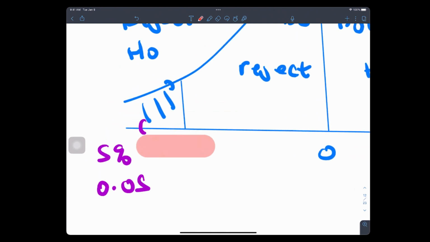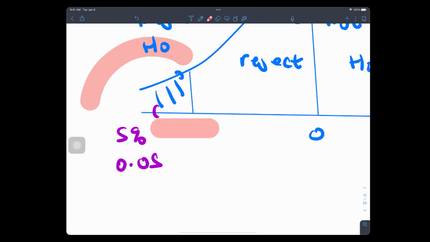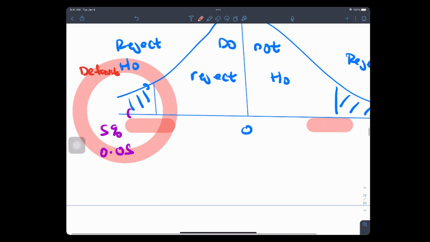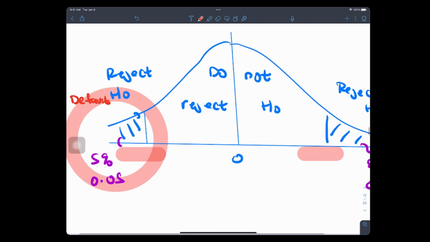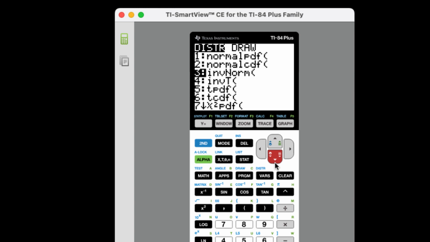How do we get those critical values? You guys remember? We got to use the what? The default. Okay, second distribution, inverse norm.